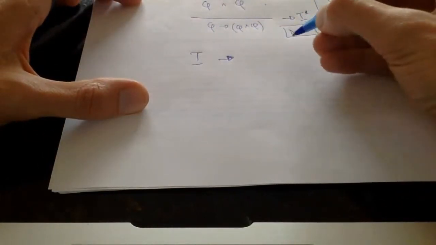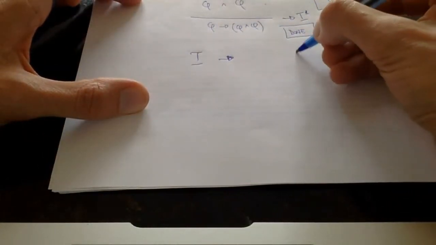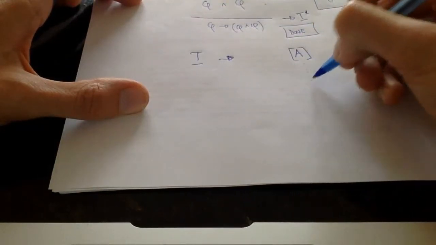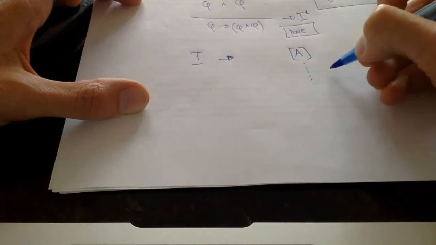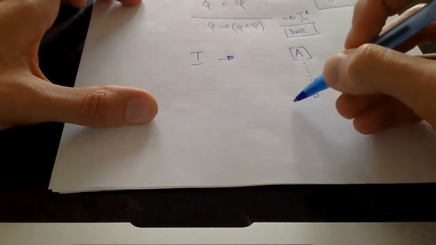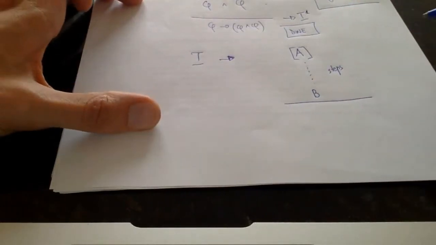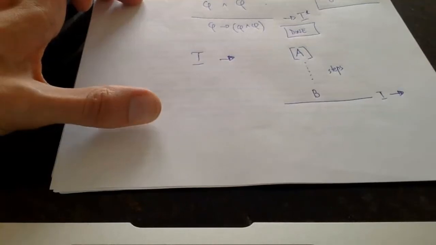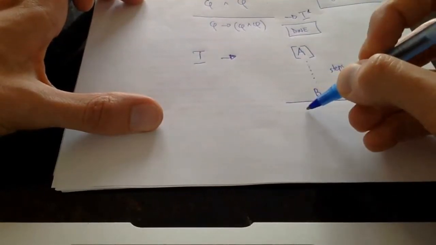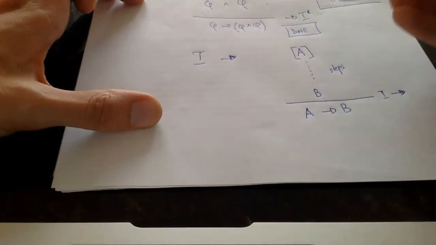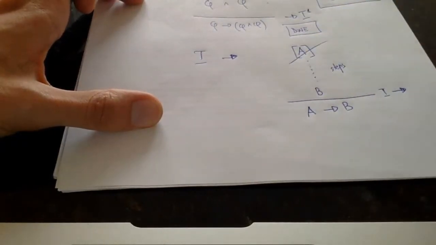So suppose that you are assuming some formula A, and then through some steps you arrive at the formula B. Now what you can do through the implication introduction is to write A implies B, and then canceling your assumption here.